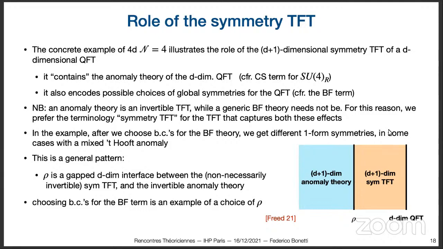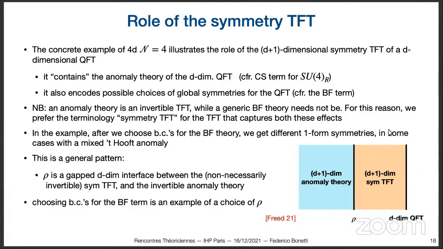And yeah, here I would just like to briefly conclude with this picture, which I find kind of amusing, that there is a notion of what it means to choose boundary conditions. And in a sense, pictorially, we can think about it this way. So on this side, there is the QFT we would like to study in D dimensions. Then, as I told you, we should extend it to this symmetry TFT. So here, for instance, you will find your Chern-Simons term, your BF terms.